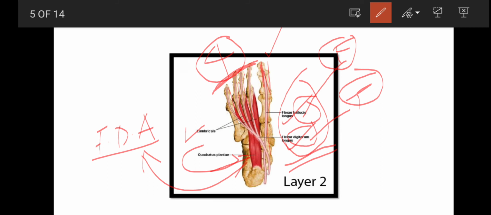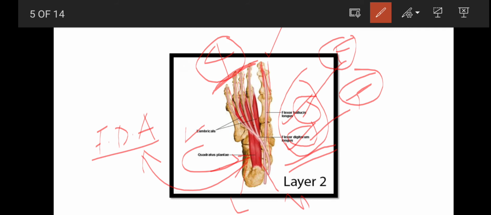Now, what about the other muscle? There is a muscle known as flexor digitorum accessorius. It is called like that because it acts like, or it is accessory to, the flexor digitorum longus muscle. There are 2 heads of flexor digitorum accessorius, a medial head and a lateral head. The medial head arises from the medial concave surface of the calcaneum.